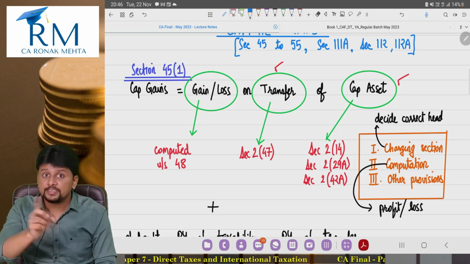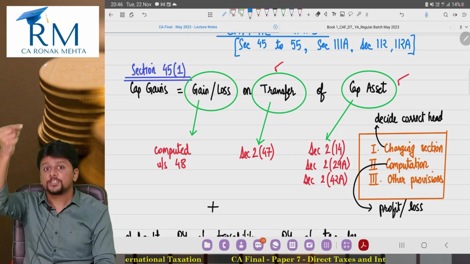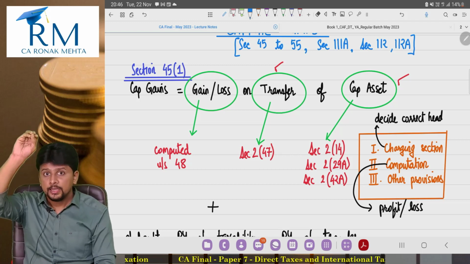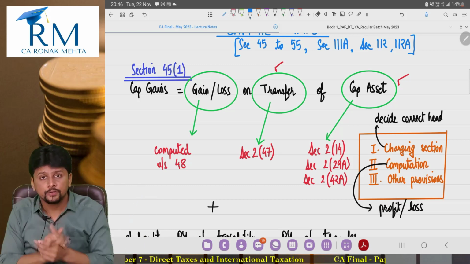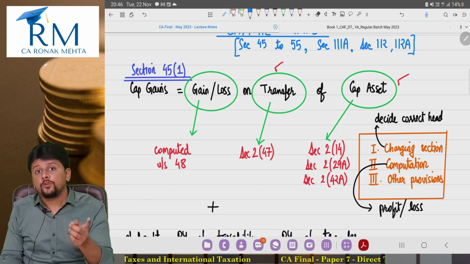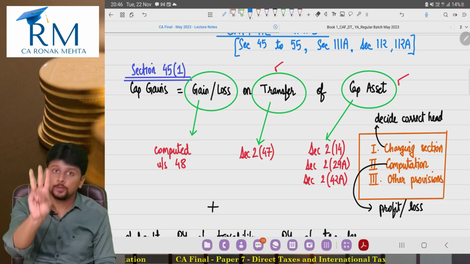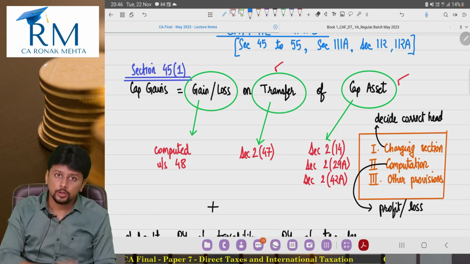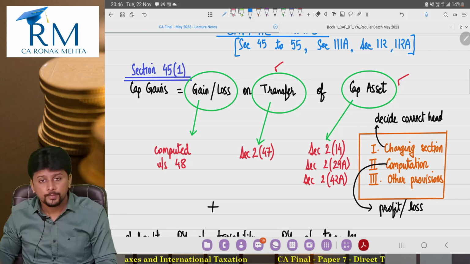Second proviso says indexation will be allowed for long term. If you are covered by the first proviso, non-resident, investing foreign currency in shares and debentures, second proviso, indexation will not apply. If you are covered by long-term capital gain as per 112A, so third proviso is telling you that indexation will not apply, and first proviso ka conversion reconversion method will also not apply.